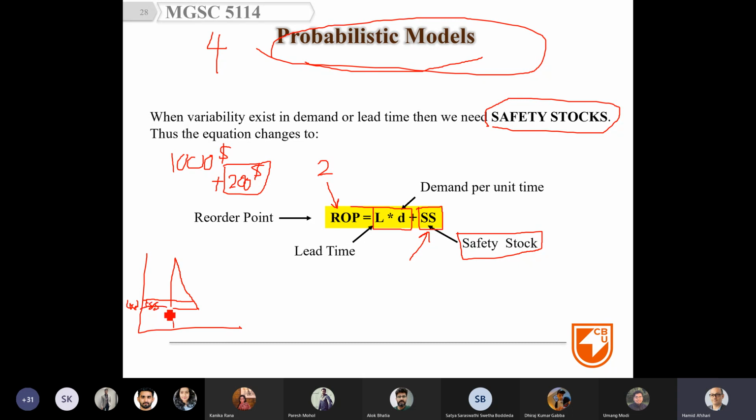A little bit upper point you will order, so that before you finish your inventory, you make sure that you will receive your orders before you're out of stock. So that's the idea of probabilistic models.